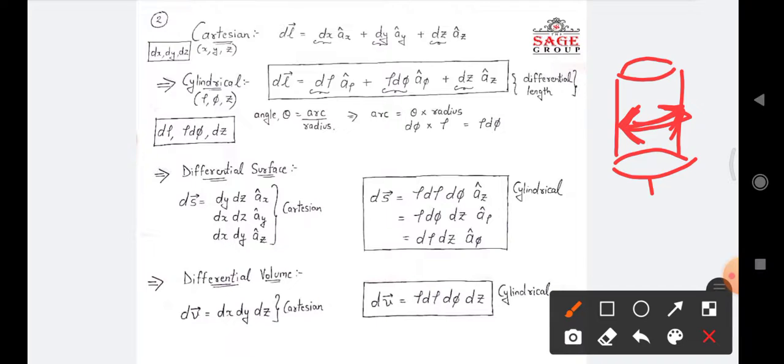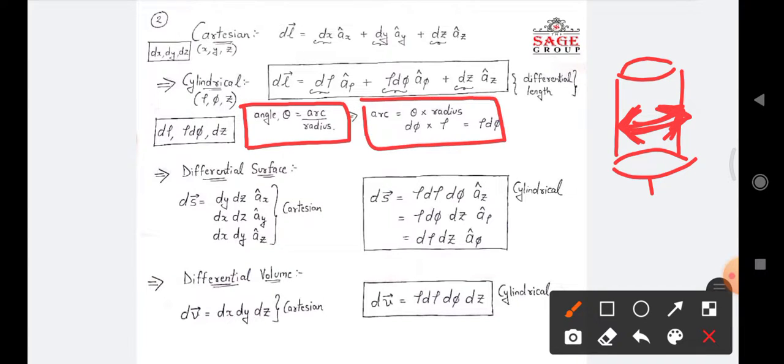And in your mathematics, in the basic geometry section in school, you have learned that theta is equal to arc upon radius. So this is our arc. What will the arc be? Arc will be equal to theta into radius. And what is theta? In the cylindrical coordinate system there is only one angle, so theta will be equal to d phi.